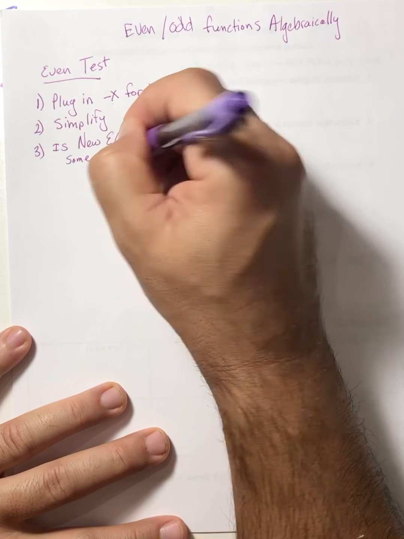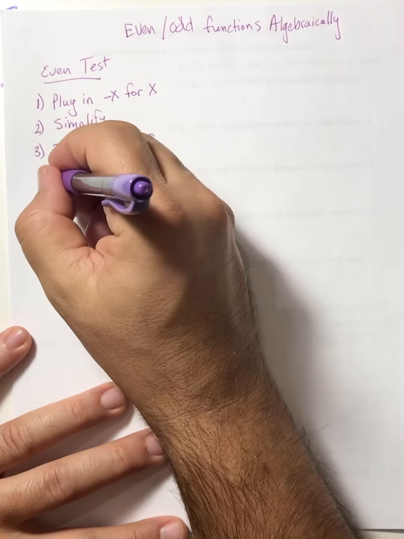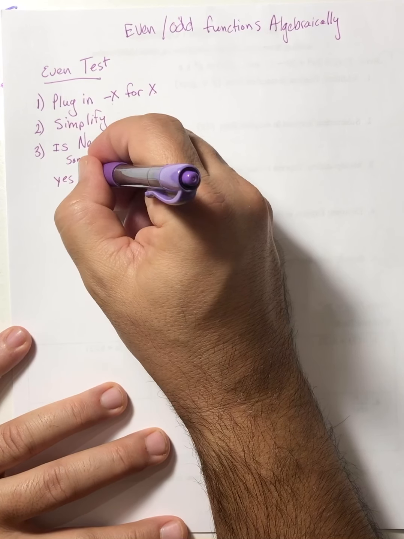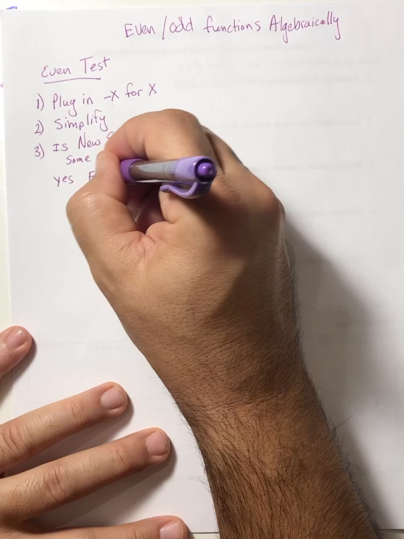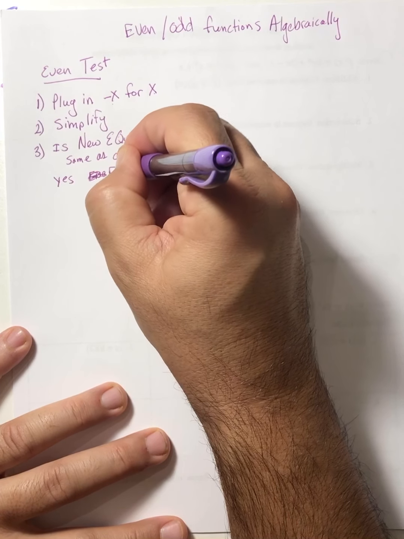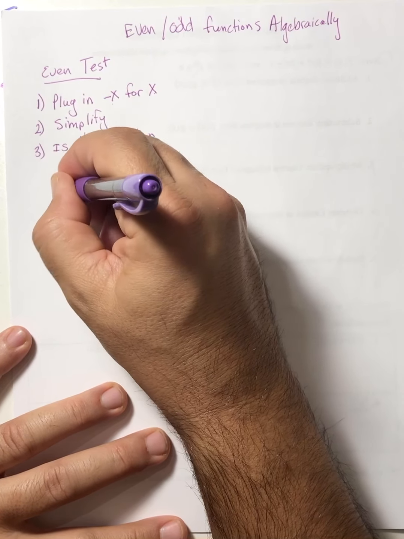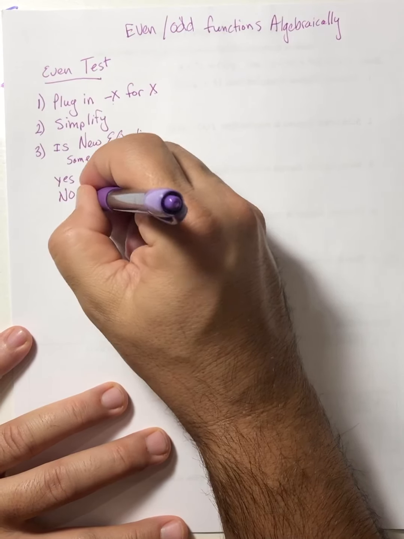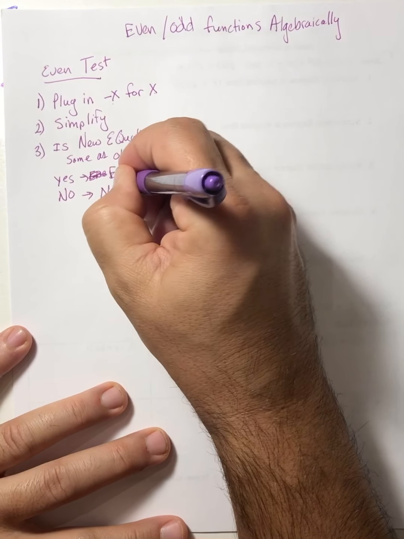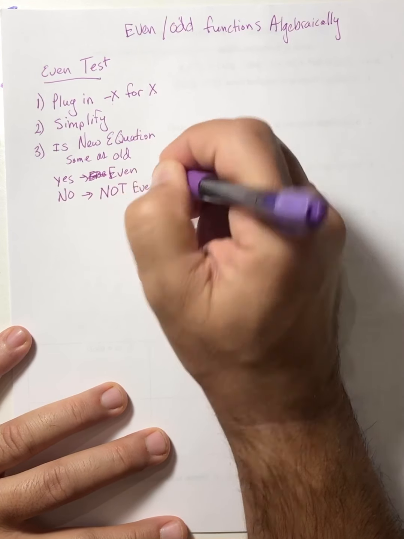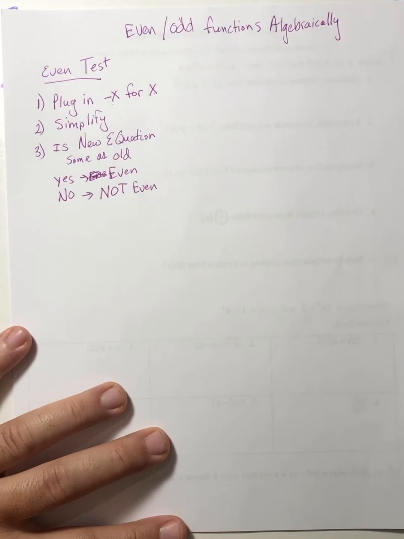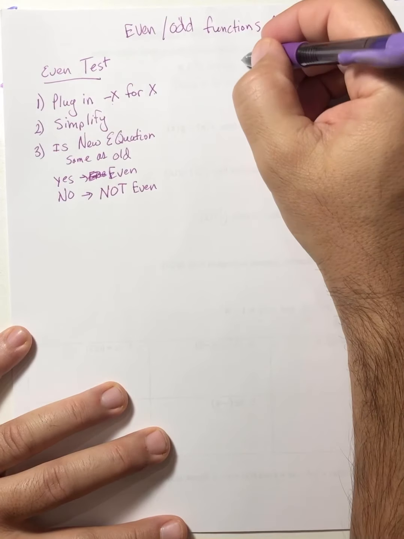In other words, are they equal? Yes, even. No, not even. We don't say yes, even, and if no, odd. It doesn't work that way. It's either even or it's not even. That's it.